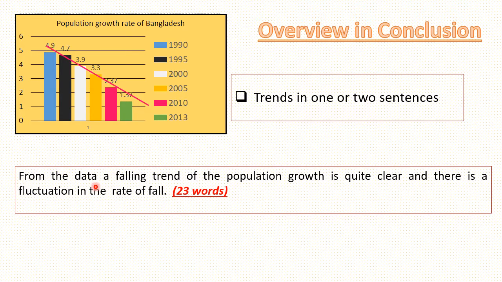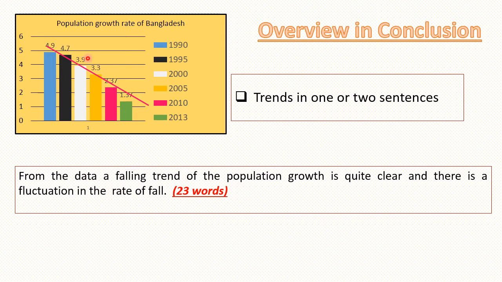From the data, a falling trend of the population growth is quite clear, and there is a fluctuation in the rate of fall. There is a fluctuation, that is, we find 0.2% decrease, then 0.8% decrease, then 0.6% decrease.